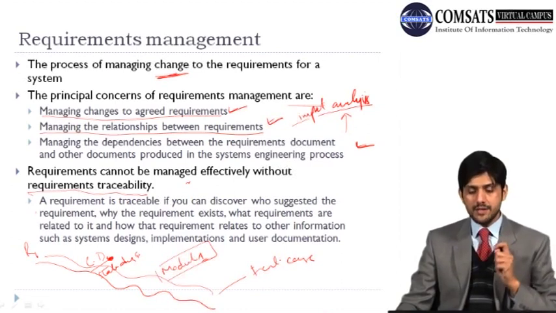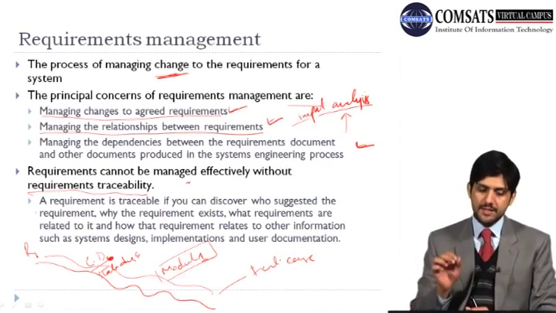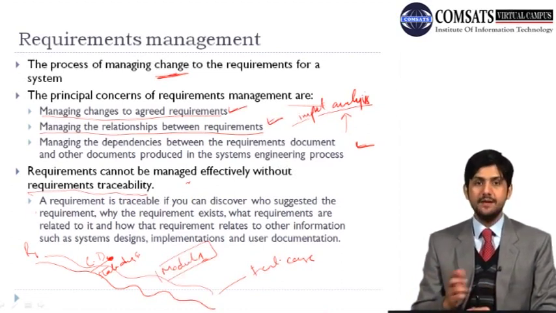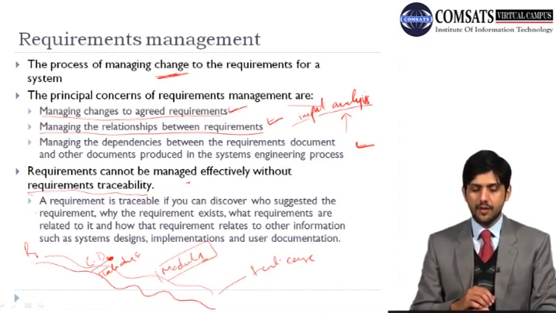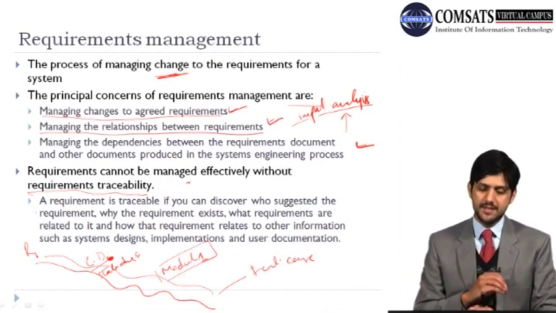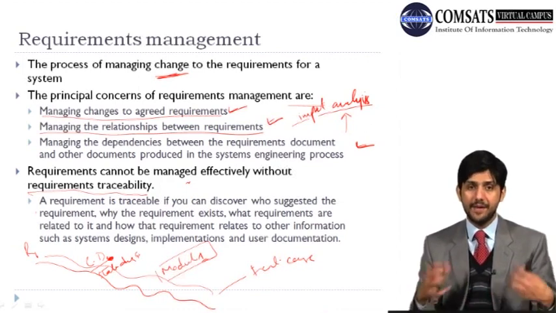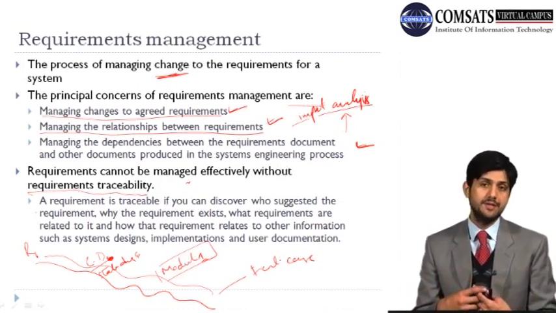A requirement is traceable if you can discover who suggested the requirement, why the requirement exists, what requirements are related to it, and how that requirement relates to other information such as system designs, implementation, and user documentation. This is a comprehensive definition of requirements traceability.